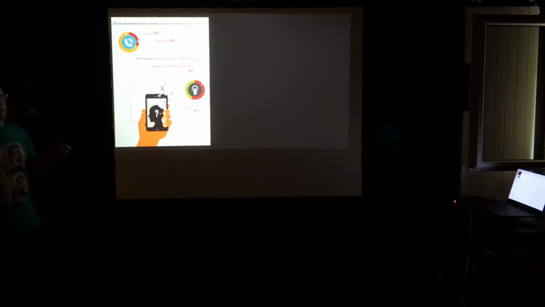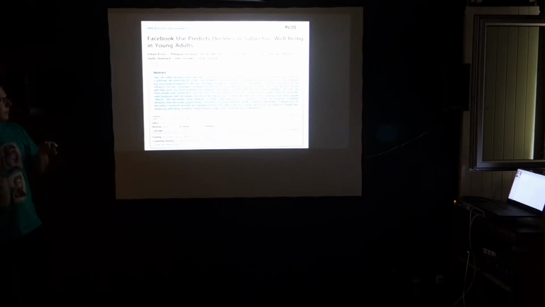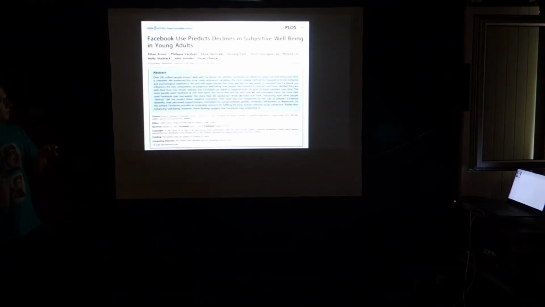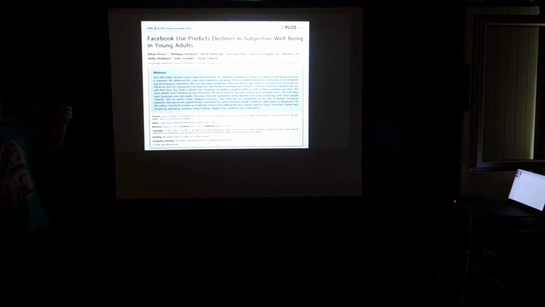But what is probably an important skill is interacting with people, and if you're constantly sitting in front of a screen, you're actually not training those parts of your brain. That's why I also included the slide previously about subjective well-being. They did this study with Facebook data before there was Cambridge Analytica.